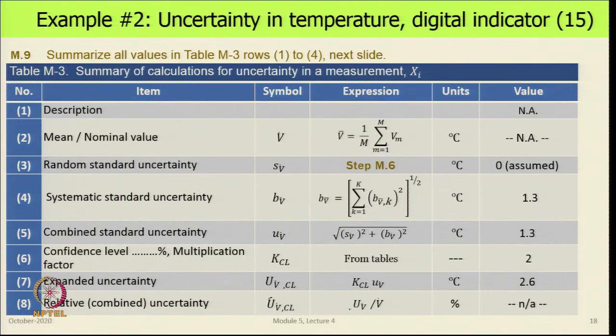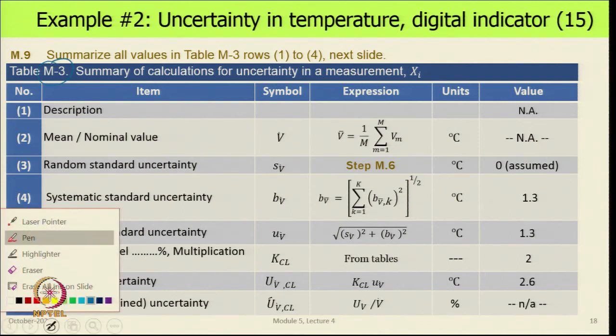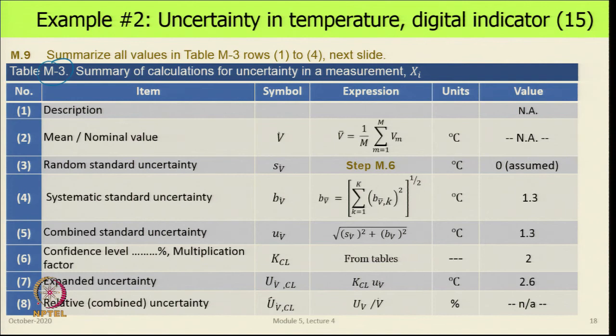Then we come to the complete summarization of everything that we have. This is the table M3, and here we can see the description: well, we want to make a temperature measurement in about 150 degrees Celsius environment. 150 could have been 120 to 180, 200, that is okay. Mean nominal value V bar not applicable.